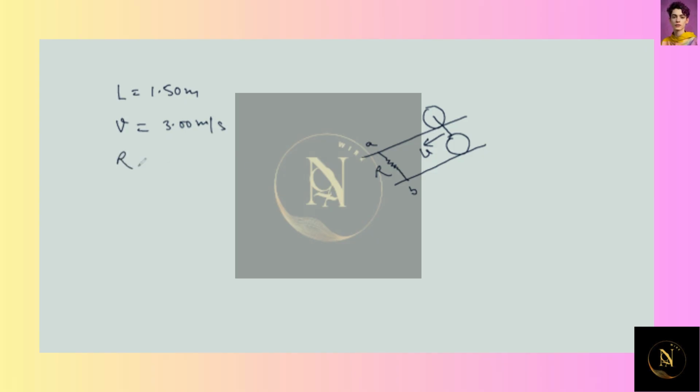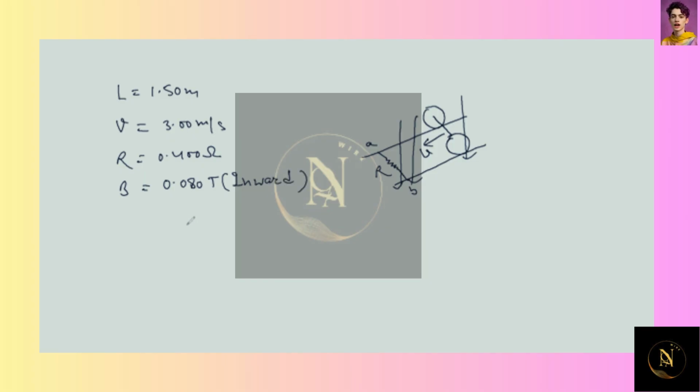This resistance R is 0.400 ohm, and the magnetic field, which is getting into the plane of the rails, has been given as 0.080 Tesla in the inward direction.